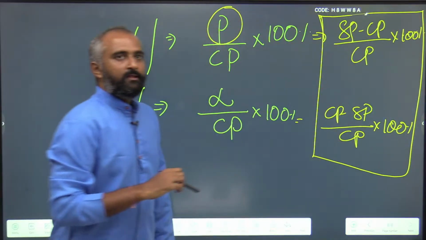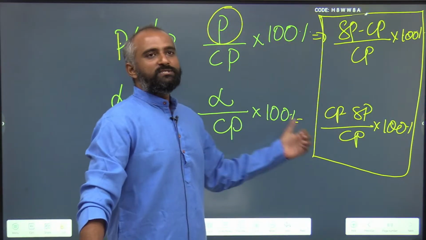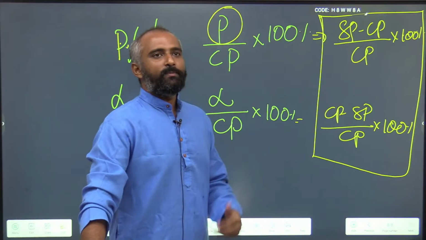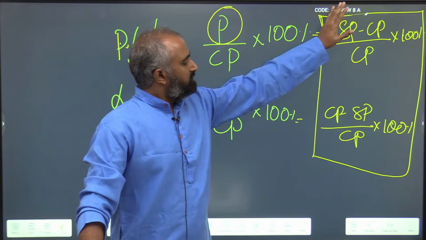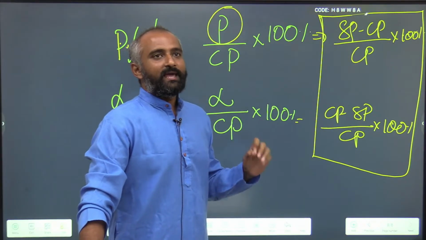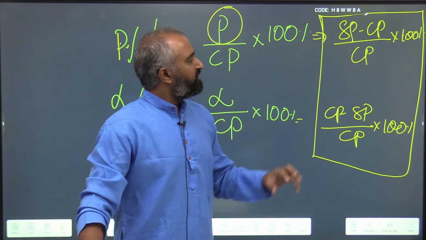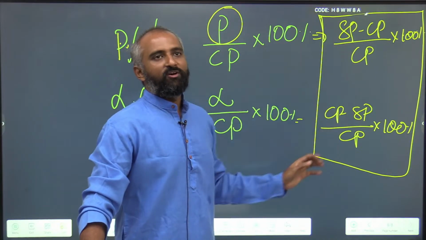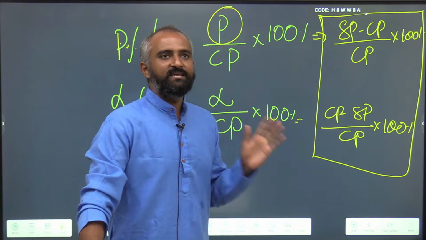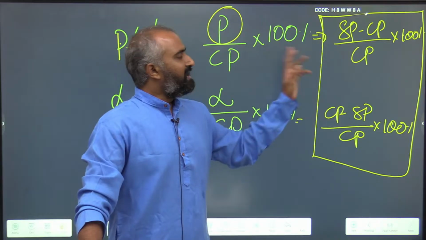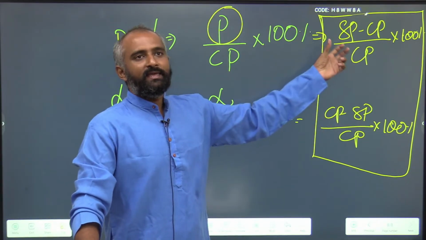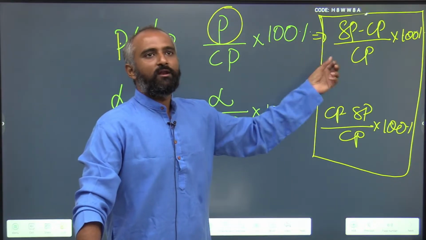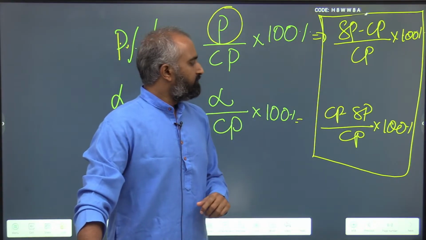But since we are just wading into the topic, this is the only time that I prefer to teach you the formulaic way. In each and every problem we see, we will never deal with these formulas, and I will give you examples why dealing with formulas, especially in profit and loss, is such a hectic way.